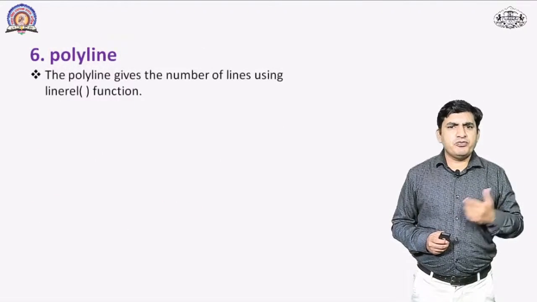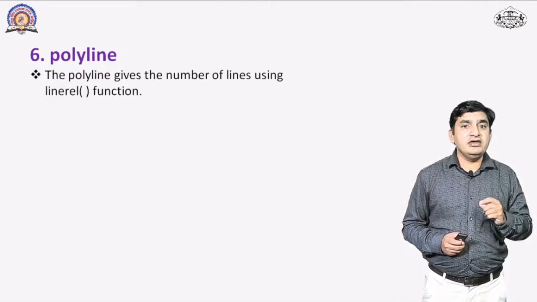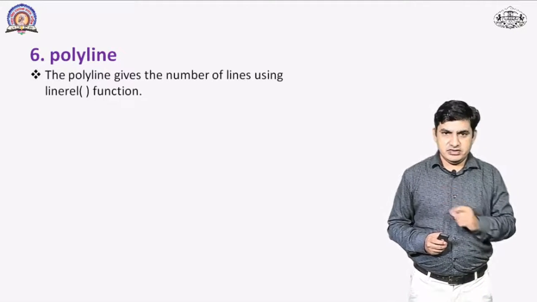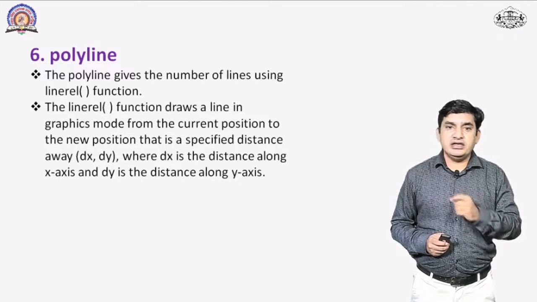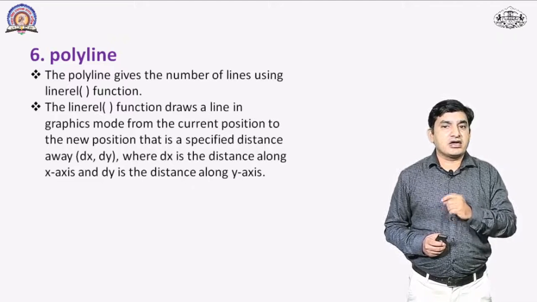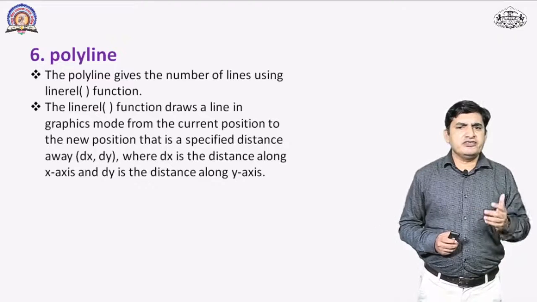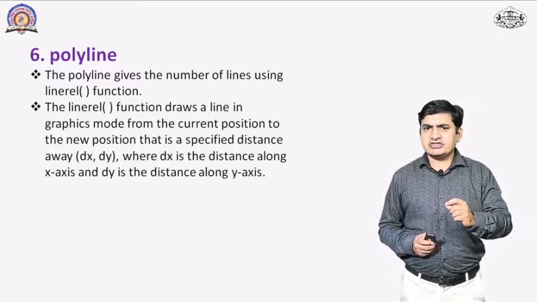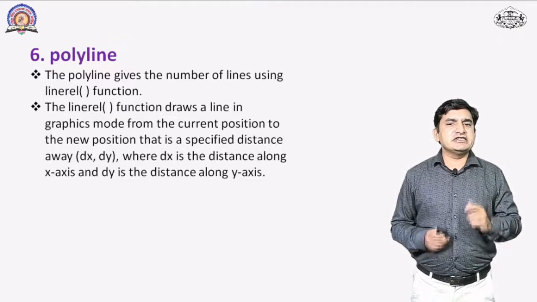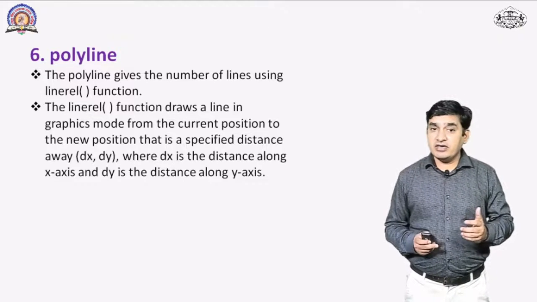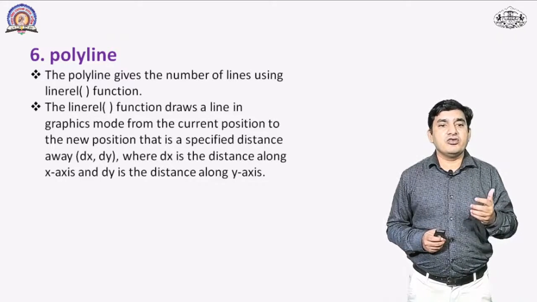Polyline. The polyline gives a number of lines using the linerel function. The linerel function draws a line in graphics mode from the current position to a new position that is a specified distance away, dx and dy, where dx is a distance along the x axis and dy is a distance along the y axis.